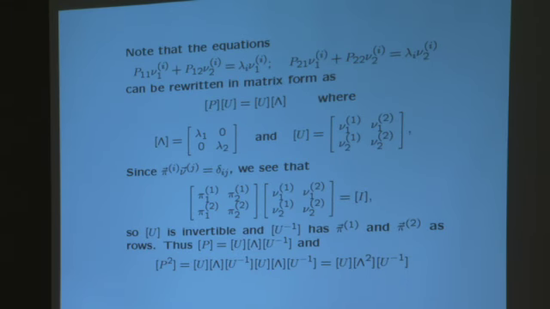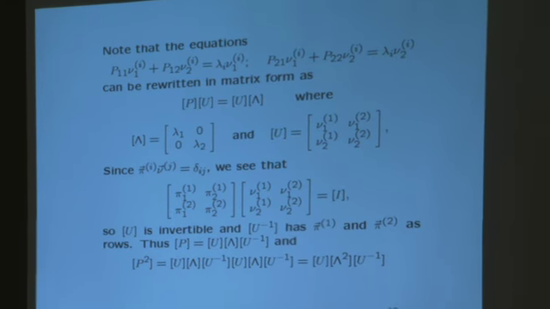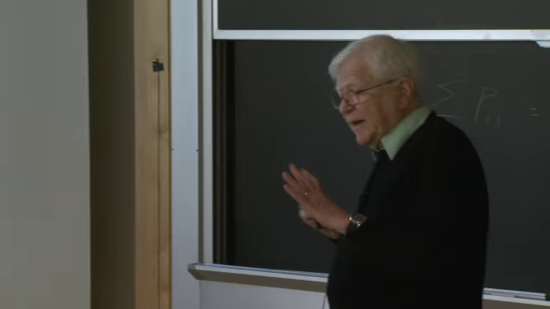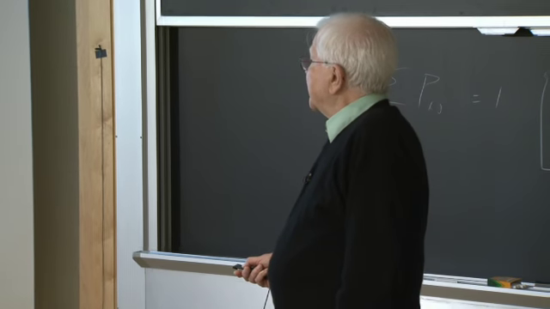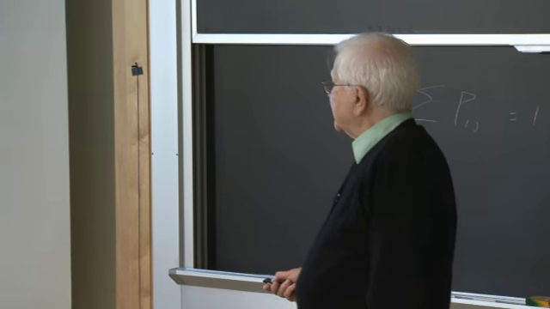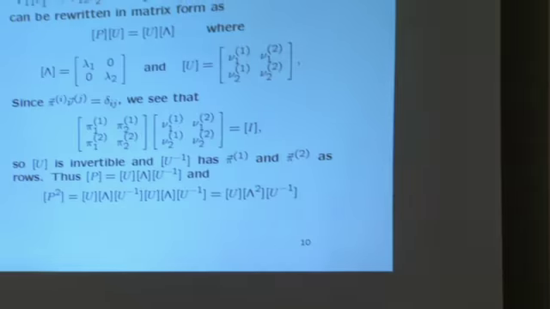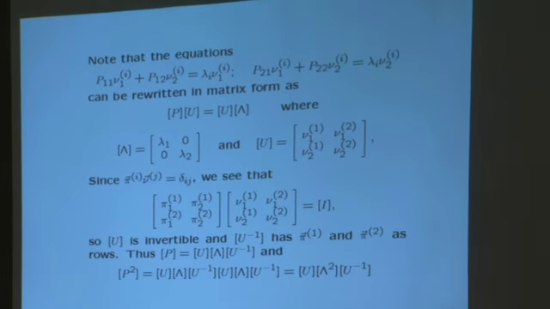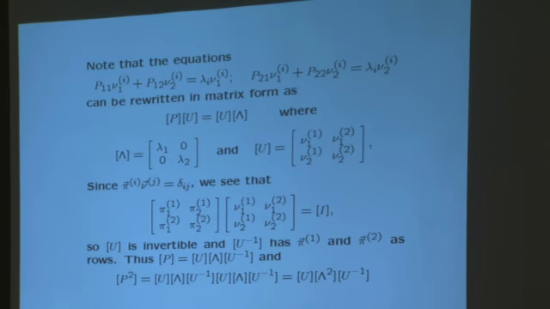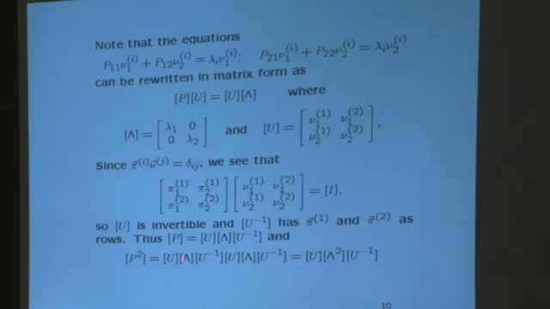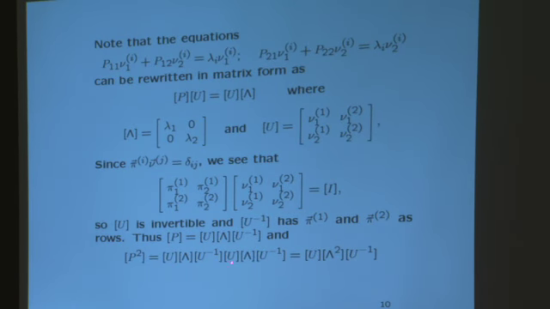One of the nice things about matrices is you can multiply them almost like numbers, except you don't have commutativity. That's the only thing you don't have. Here, u to the minus 1 times u turns out to be the identity matrix.